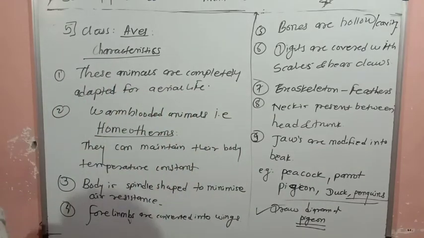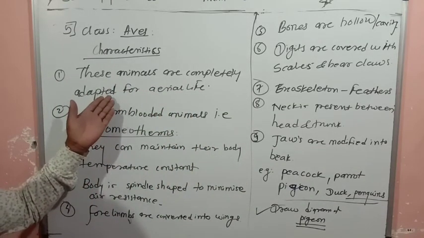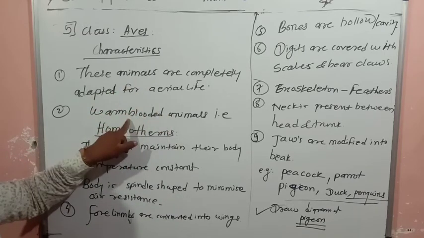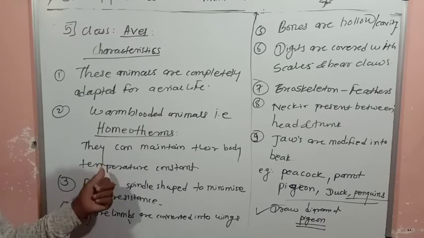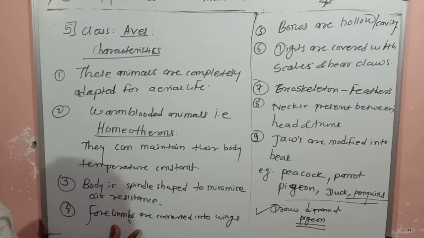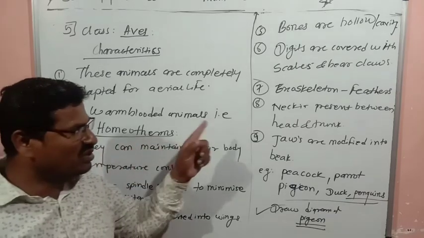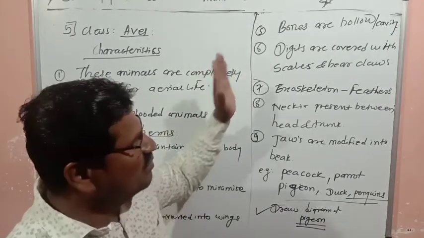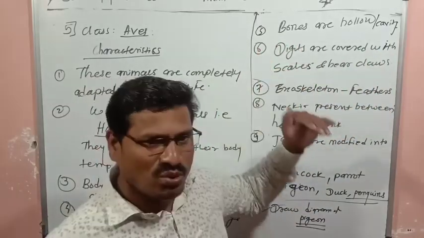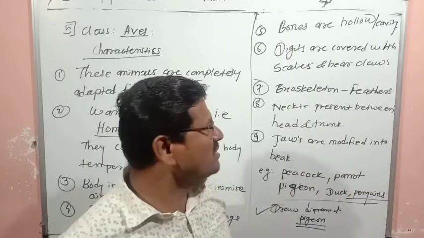So which are the characteristics? One more time we'll see. These animals are completely adapted for aerial life. Second, they are warm-blooded animals. Third, they can maintain their body temperature. Their spindle-shaped body minimizes air resistance, and the forelimbs are converted into wings. Bones are hollow, or cavities are there in the bones, to reduce their body weight.